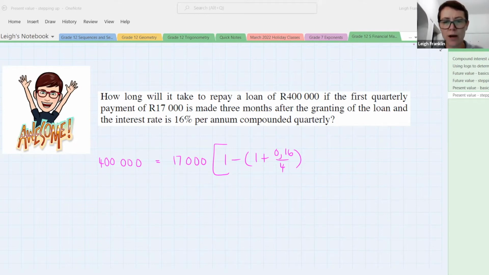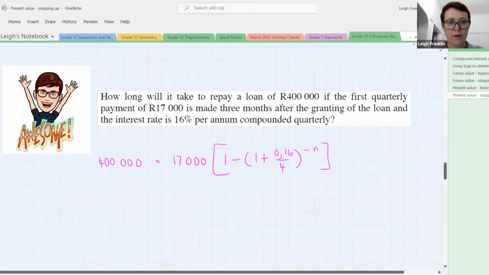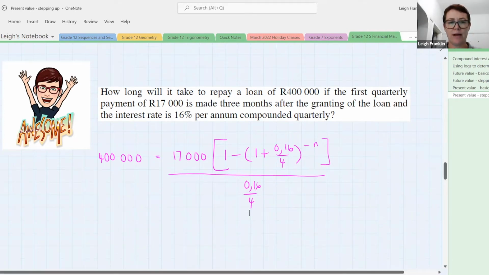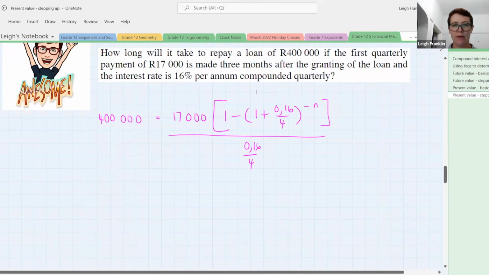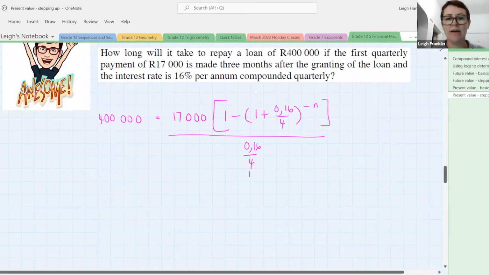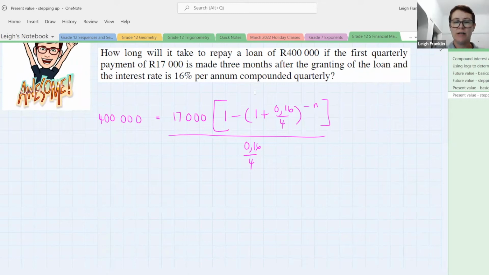All right, so if they want to know how long, it means we've got to calculate the value of n, all over 0.16 divided by 4. In my opinion, the easiest way for you to set this out is to cross multiply the 400,000 with the 0.16 divided by 4, and then divide by the 17,000. Then you can take the bracket with the base in it, because it's got a negative in front of it, over to the other side and bring the number over here.